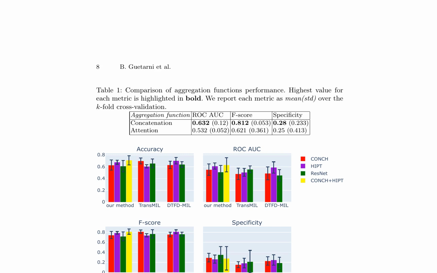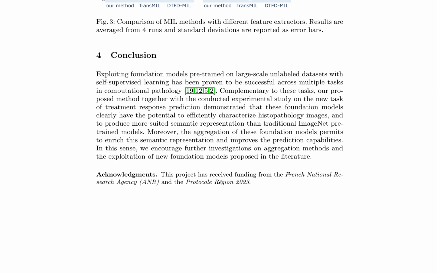Comparative analysis with other methods, such as DTFD-MIL and TransMIL, demonstrates the proposed method's superior performance, with a ROC-AUC gain of 4.5% and 7.6%, respectively. The study also compares different aggregation functions, with the proposed method outperforming others in terms of ROC-AUC, F1-score, and specificity.